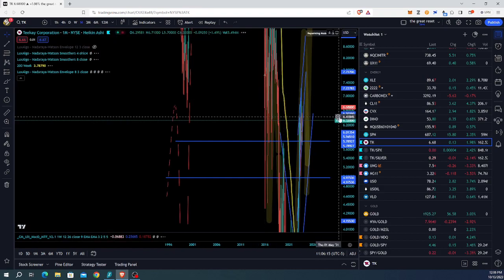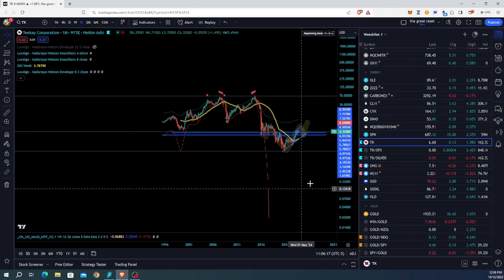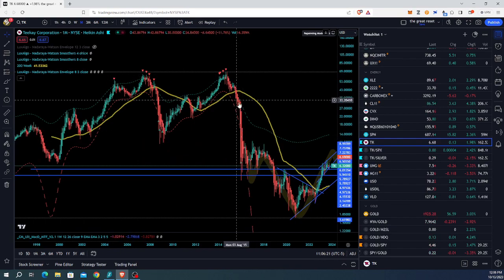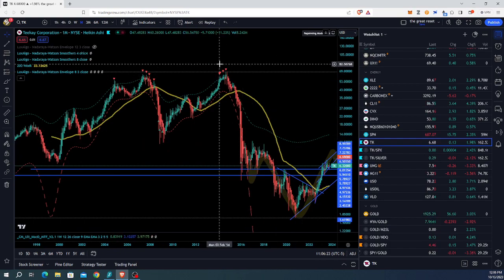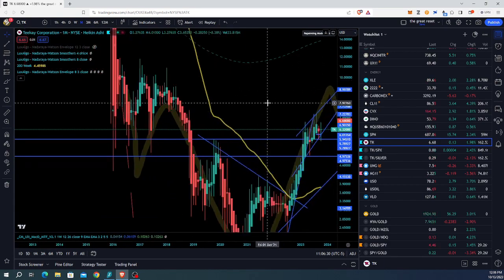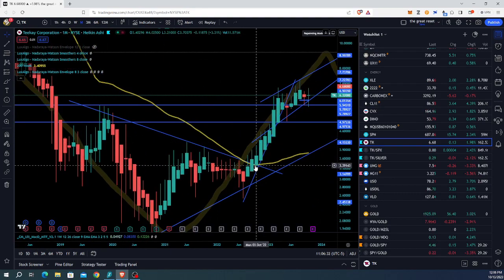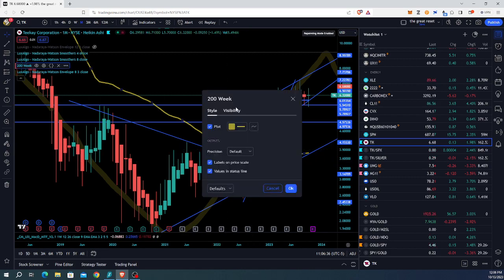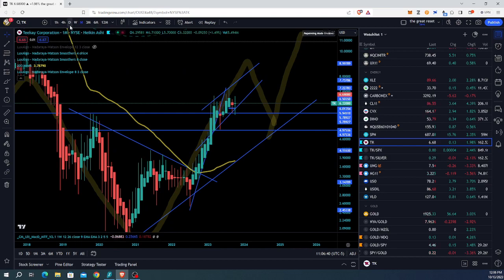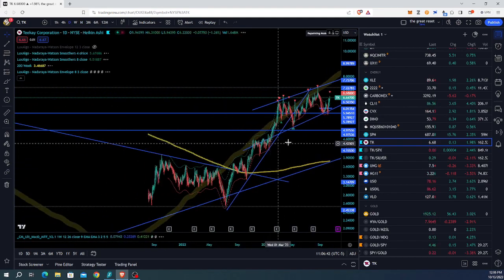If we go to the monthly, we can see that TK has experienced some volatility as of late. There were a lot of buyouts and other things that happened back here. Anyways, the share price has been destroyed, but as you can see, in October of last year, we moved above our 200-week moving average, which for me constitutes a move into a bull market.